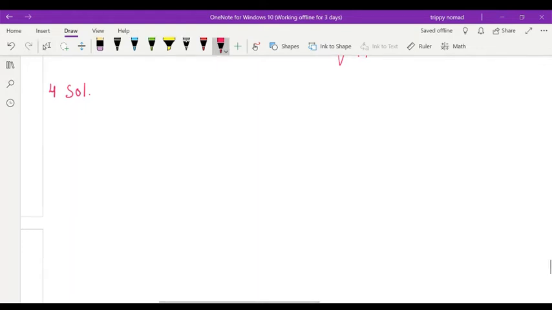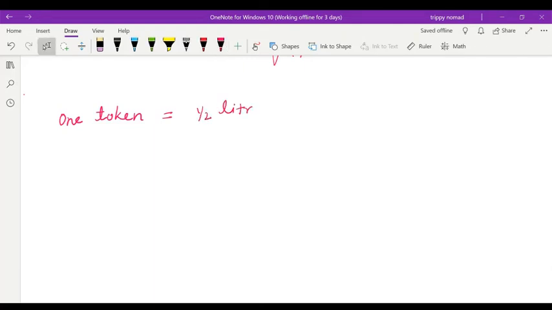1 token is equal to half liter. Half liter means 500 milliliter. Half of 1000 is 500. Then every day they are using 6 tokens.